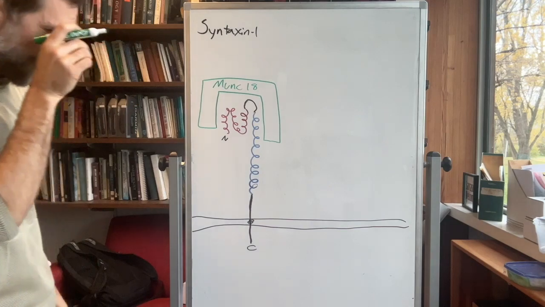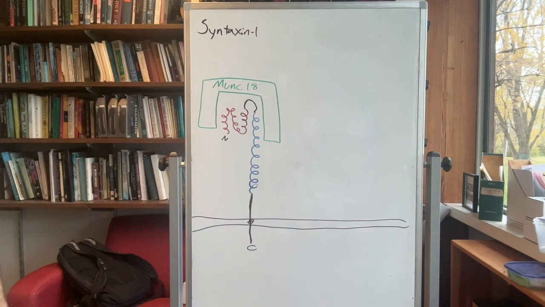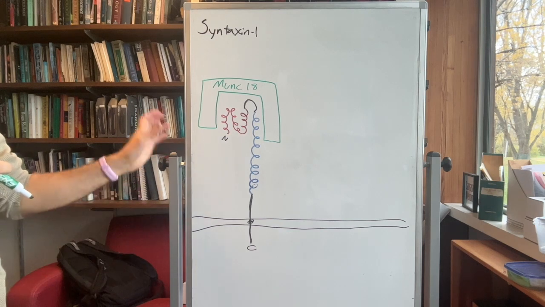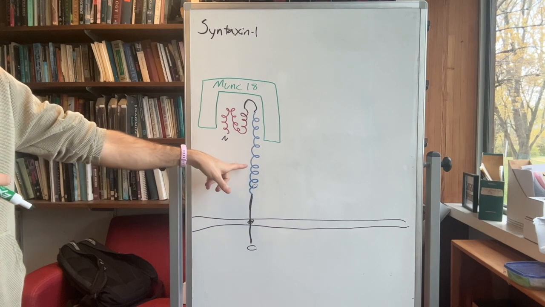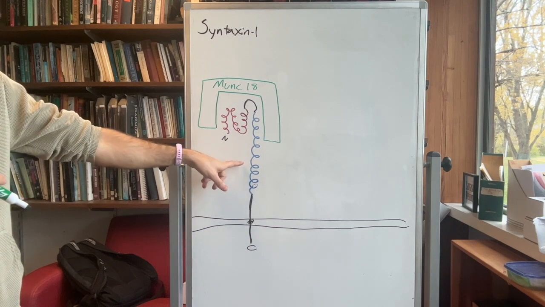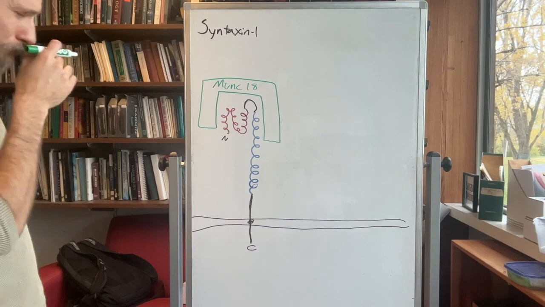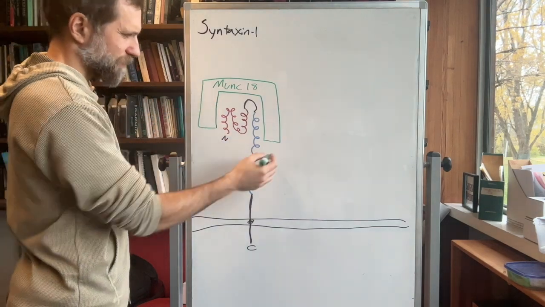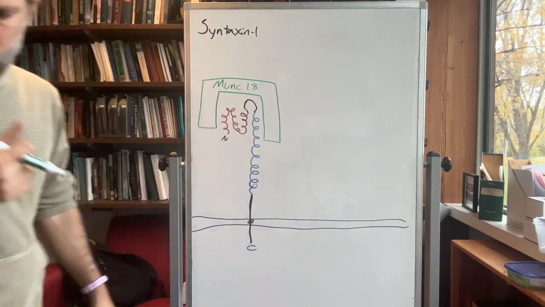MUNC18 sort of keeps it in this closed conformation. So right now, this protein is relatively inert in that it can't zipper with any other snare motifs because it's bound up with the HABC domain, and also that is bound up with MUNC18.